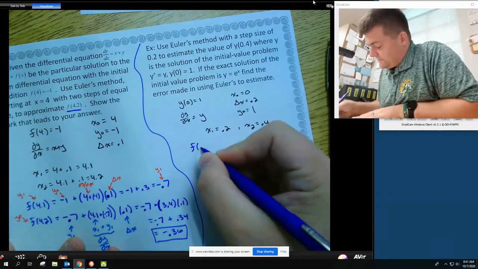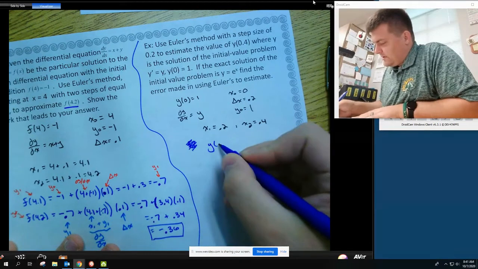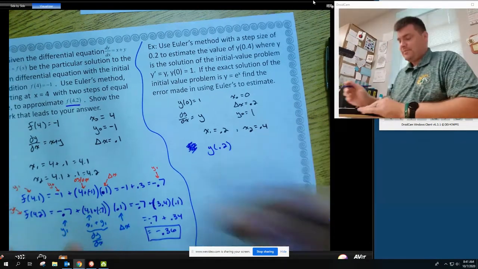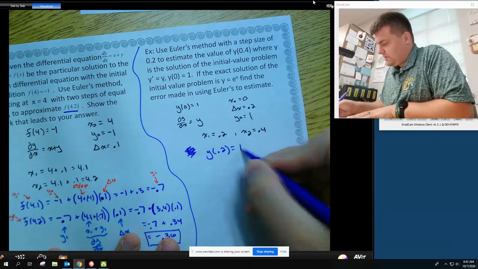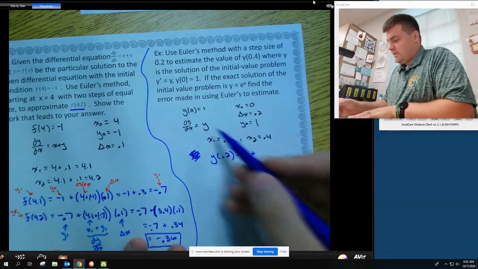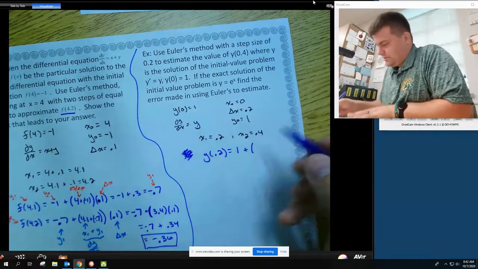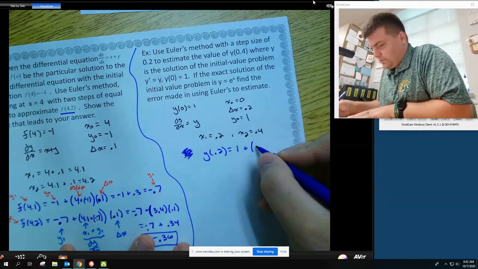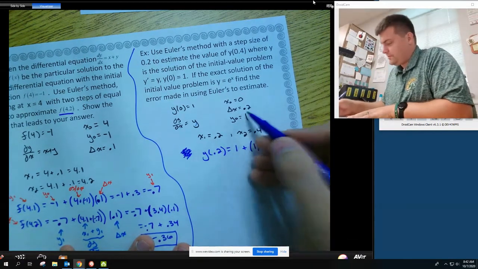So let's go ahead and find y of, I'll just stick with y. y of 0.2, because that's my next step, is equal to my initial y, which is 1, plus my slope, which is right here. The only y value I have is 1, times the step increment, which is 0.2.